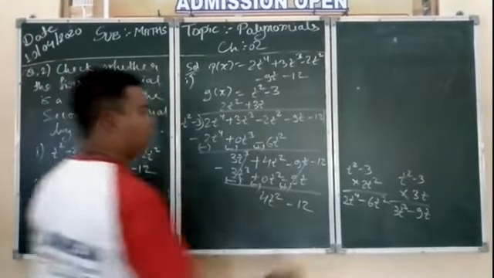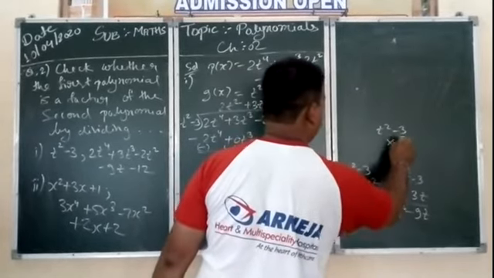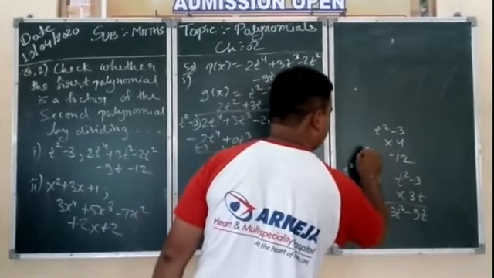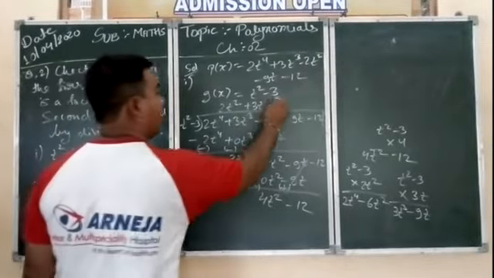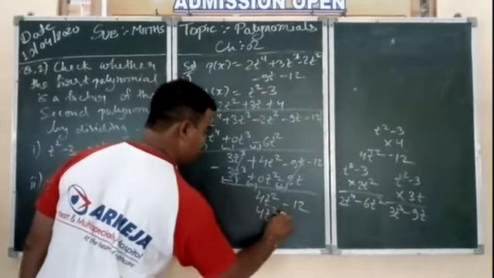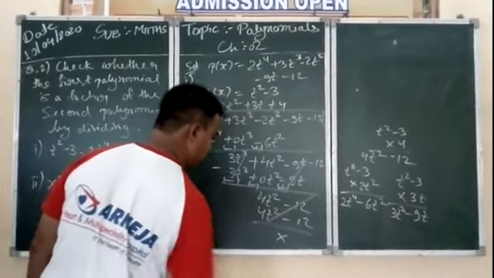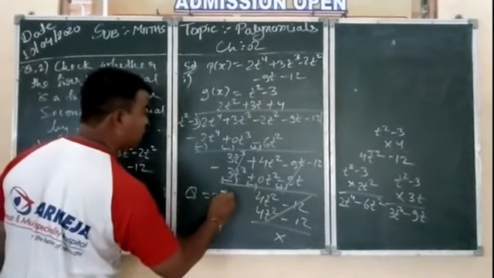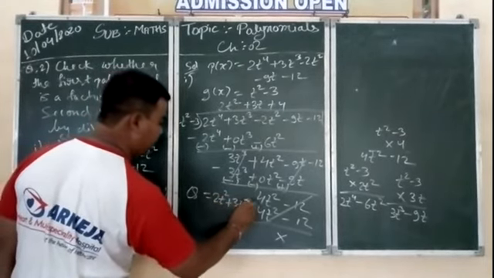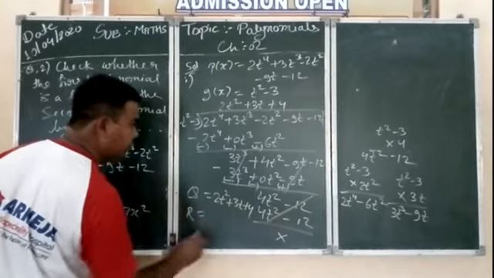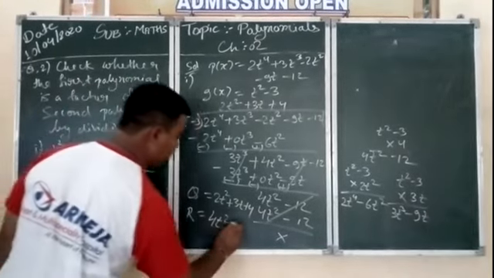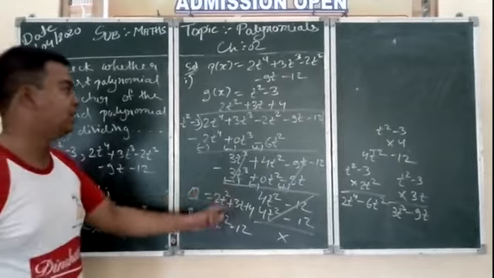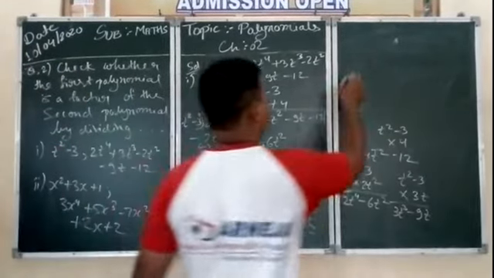Now we want 4t square, so t square minus 3 multiplied by 4 gives 4t square minus 12, and that cancels. So the quotient is 2t square plus 3t plus 4, and the remainder is 0.